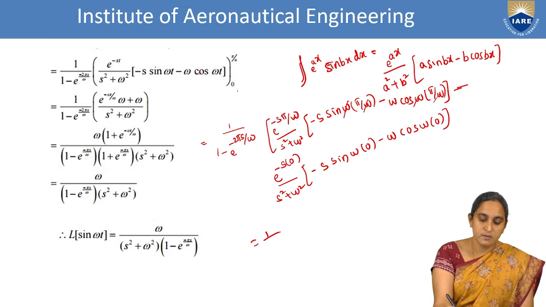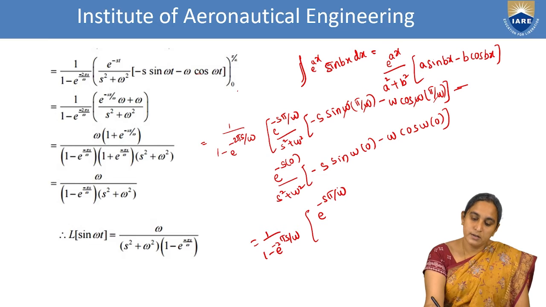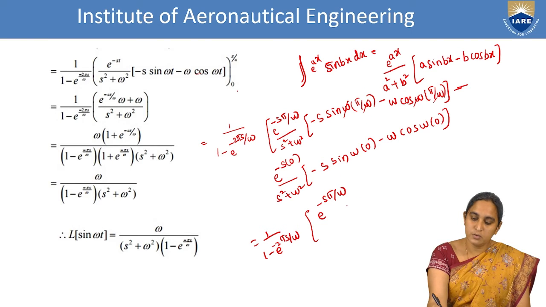That is 1 by 1 minus e power minus 2 pi s by w, that is e power minus s pi by w, and here sine pi is 0, minus w into cos pi as minus 1, that is minus 1.